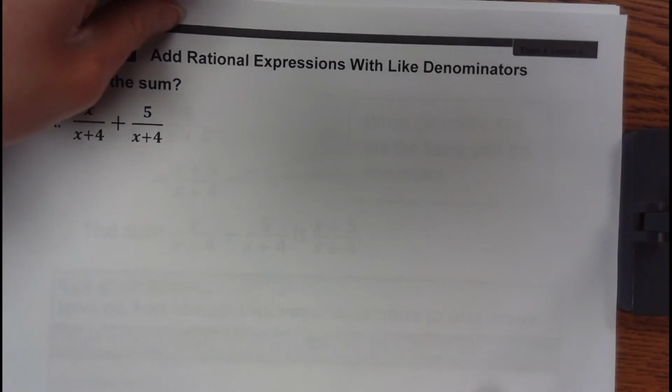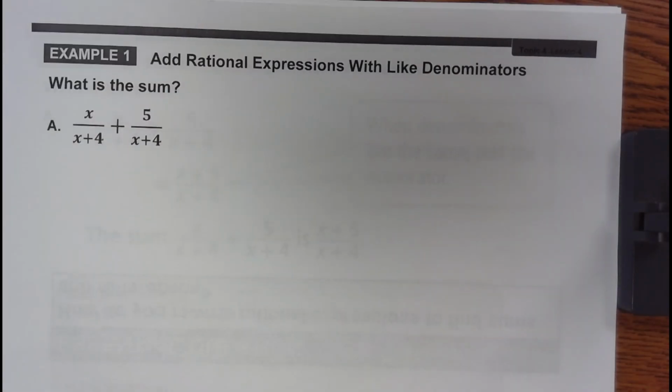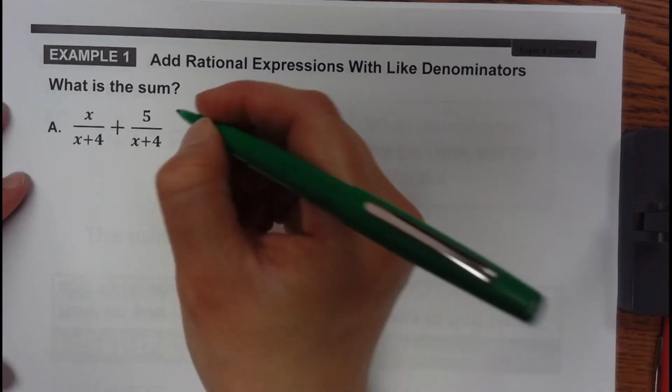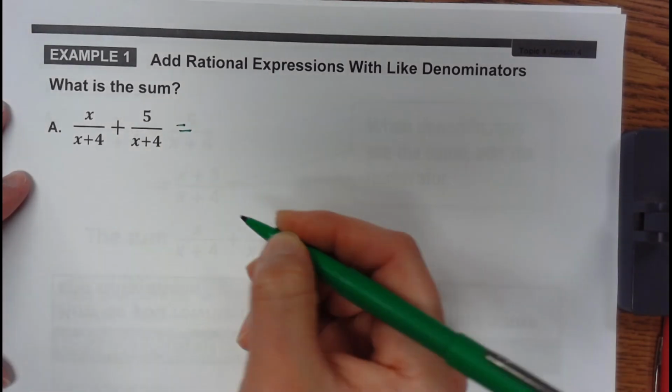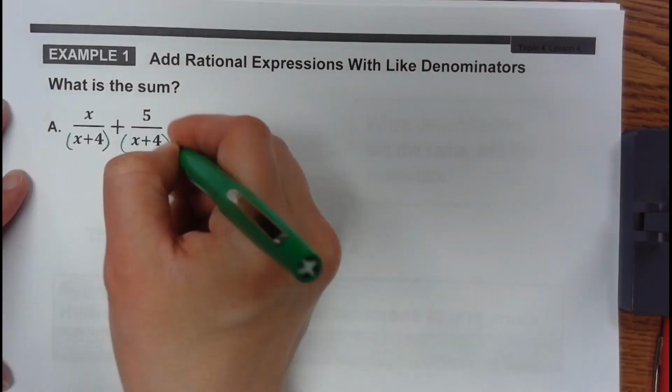So I want you to write down example 1A. And we are going to find the sum. So in order to add or subtract, we need a common denominator. And I want you to think of these as one group.